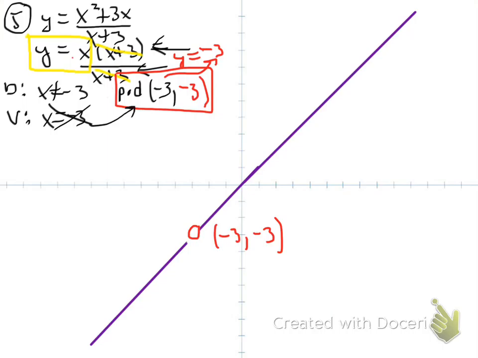if you want, there's no horizontal asymptote because the degree of the top is bigger than the bottom. So if you wanted to, there's a slant asymptote. So you could go, okay, let's do some synthetic division here. I got minus 3 on the bottom, and the top is x squared plus 3x. So I'm using this numerator right there to write it out.